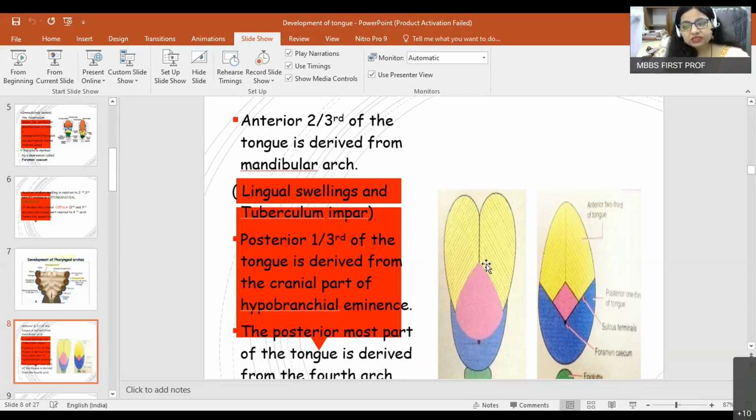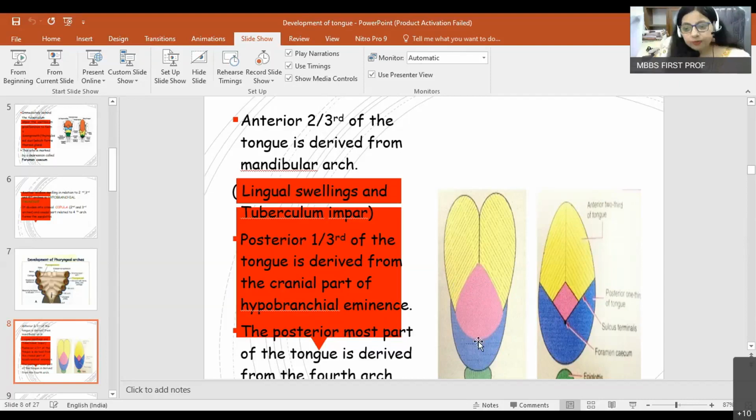It also makes it easy to understand the two lingual swellings in relation to the first arch. They grow in size and fuse with each other in the midline. Also, they fuse with the tuberculum impar, which is a rhomboid-shaped structure posterior to the two lingual swellings. And this fusion is also with the cranial part of the hypobranchial eminence, that is the copula.